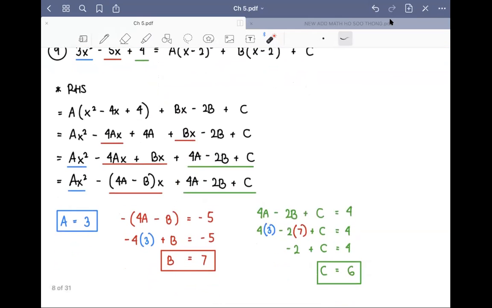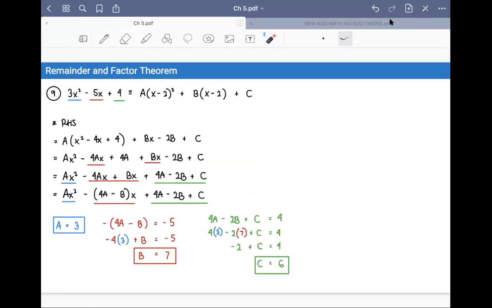So 4 times a, so a is 3, minus 2 times b, and b is 7, and then plus c. This is what we're looking for. So solving this, c is equal to 6. So that's your answer for number 9.